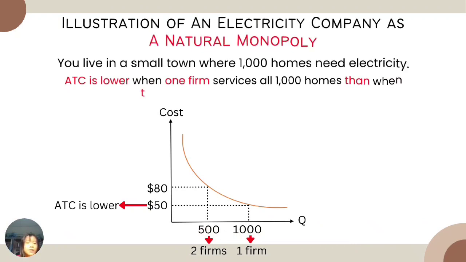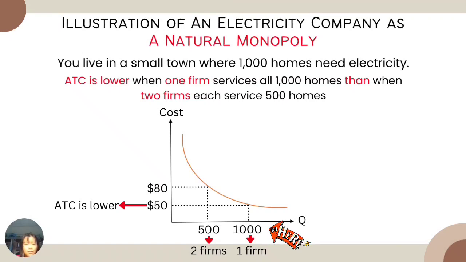So, this is the illustration for the fourth point. For example, you live in a small town where 1,000 homes need electricity, and you can see that if only one firm serves the entire 1,000 homes, the ATC is only $50.